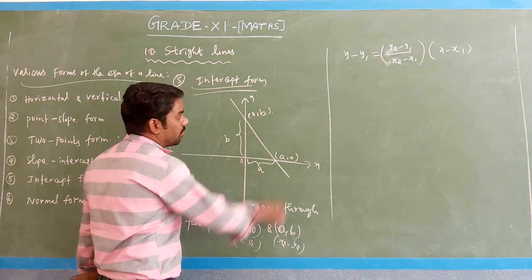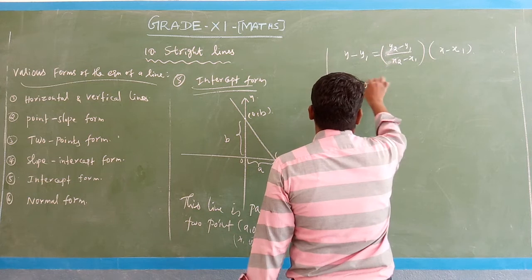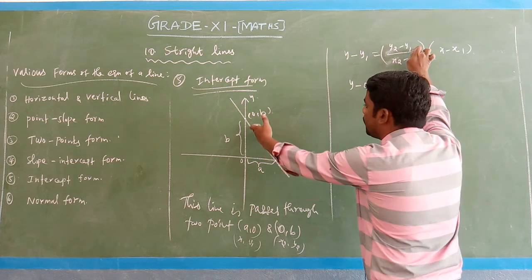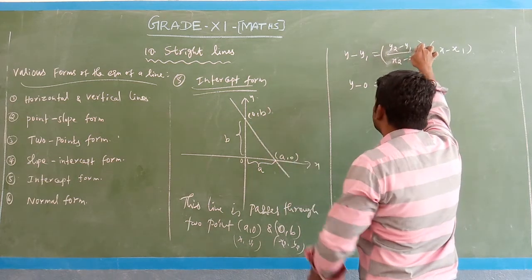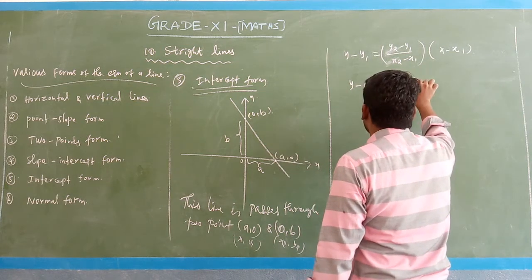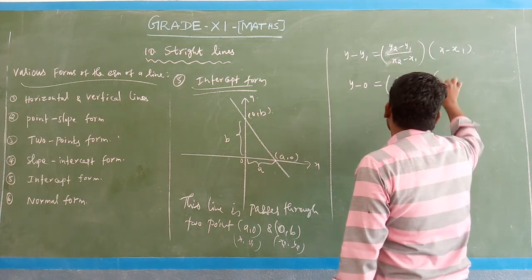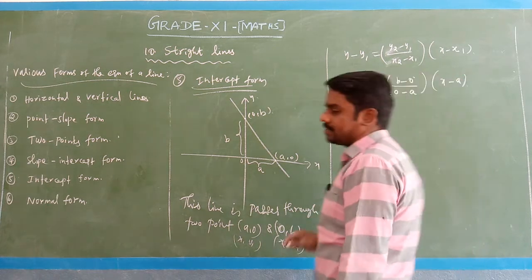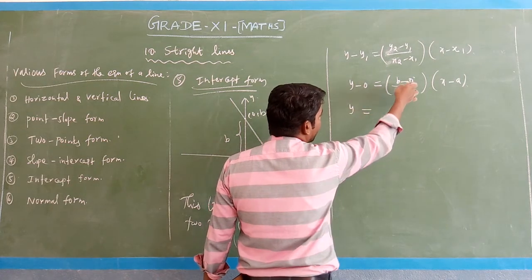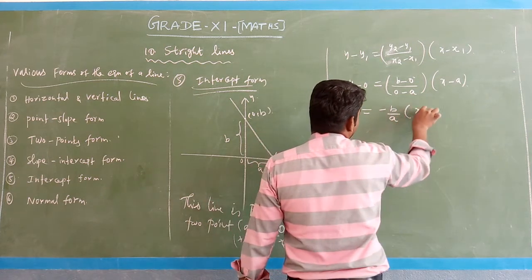Substitute the values in the formula: y minus y1 is y minus 0, equal to the slope of this line times x minus x1. The slope of the line passing through a comma 0 and 0 comma b is b minus 0 divided by 0 minus a, into x minus a. Simplify: y equals minus b by a of x minus a.